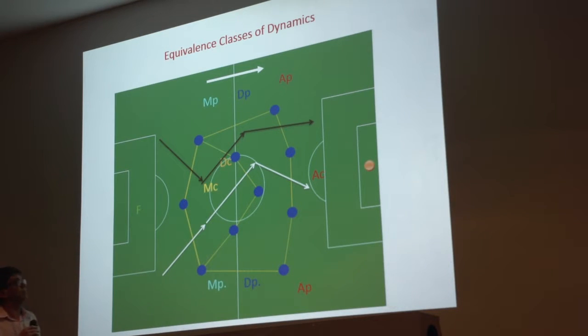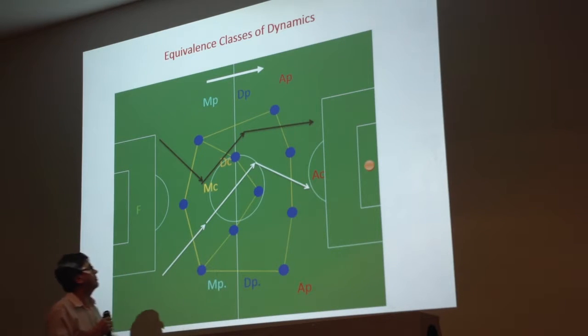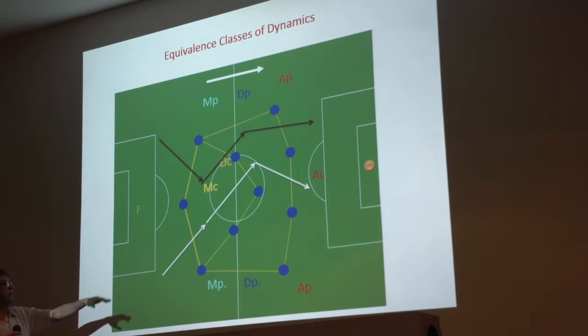According to our notation, both are equal. And if you are interested in counting how many times the team could do this, going exactly through this compressed region, we should count twice. One comes from the right, the other comes from the left, but both have the same structure according to the granularity, the resolution of this measure. Hence we have equivalence classes.